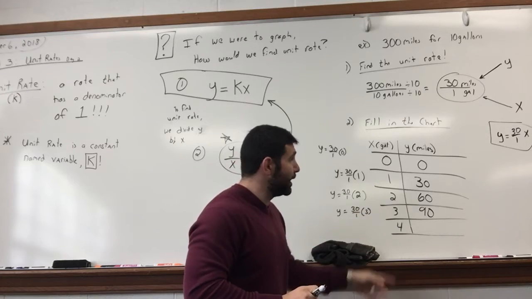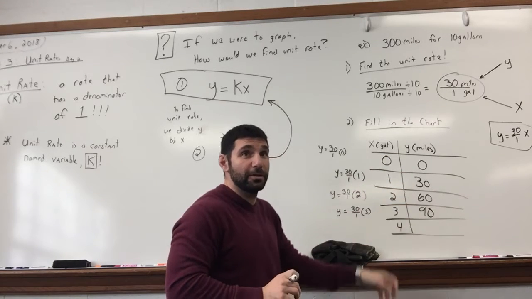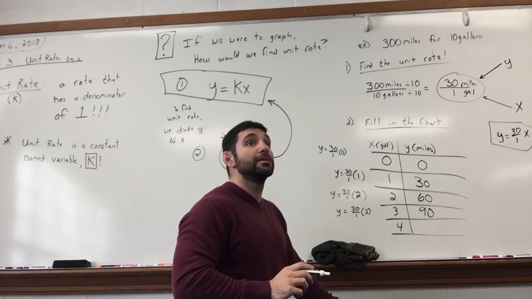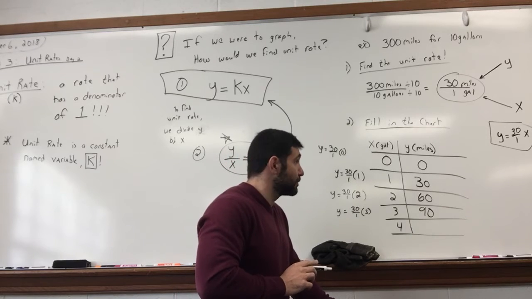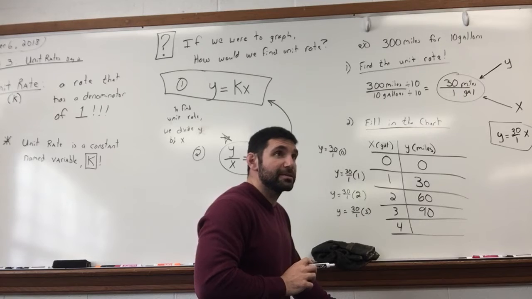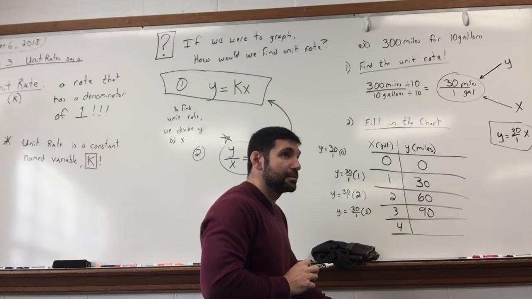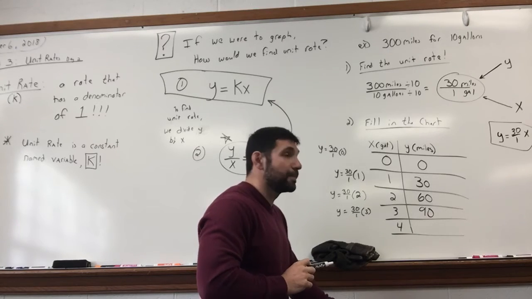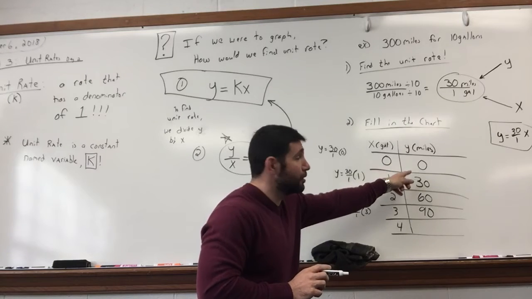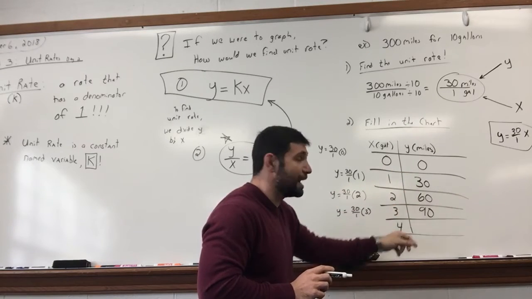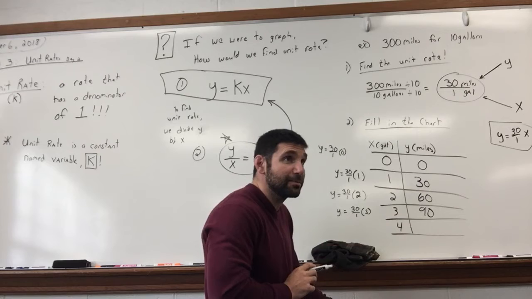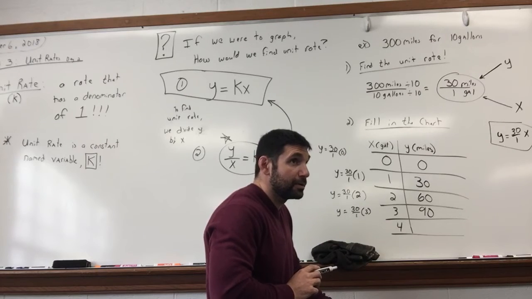Without even setting up an equation, do we see a pattern here? Go ahead, Taylor. What is it? It goes up by 30. So we went from 0 to 30, 30 to 60, 60 to 90. So Taylor, what do you think our last number is going to be? 1200.